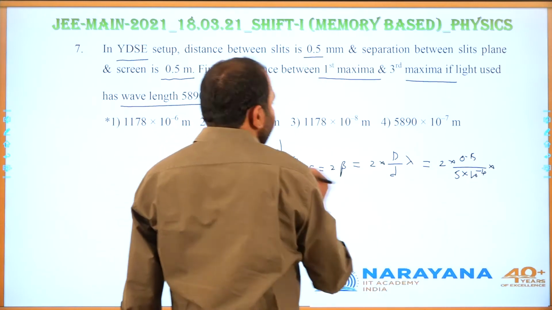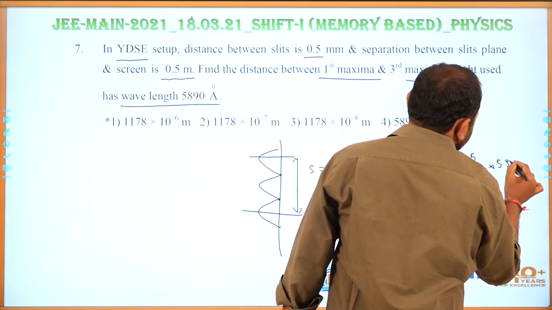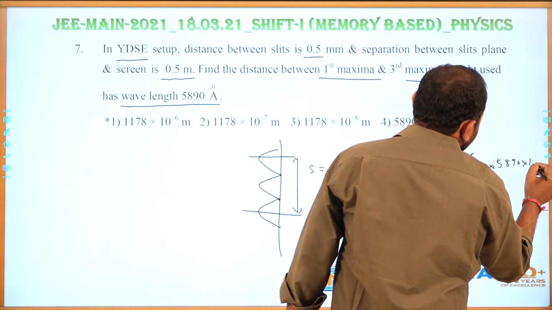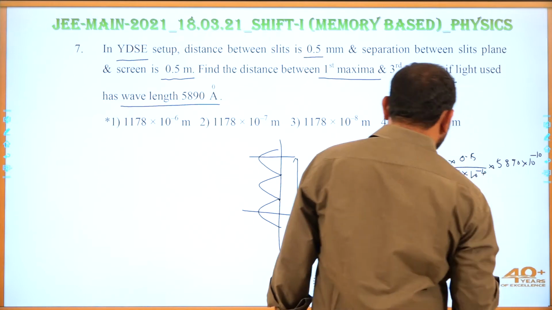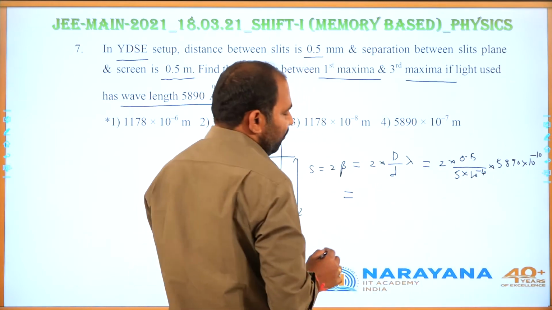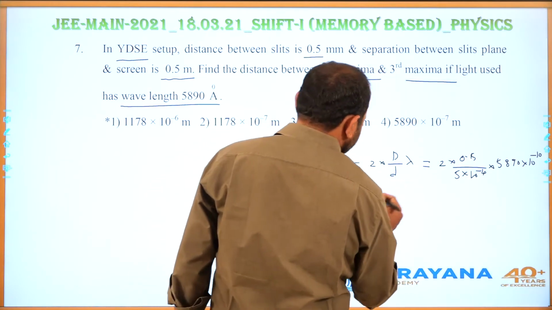The wavelength given is 5890 angstroms, so this is 5890 into 10 power minus 10 meters. This can be simplified. This 5 and 5 are getting cancelled.